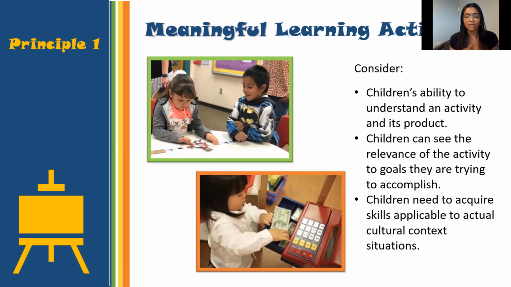For example, my son, he likes to draw. So I thought, oh, he's going to be engaged in learning the theory of colors. So I started showing him all these historical facts about the theory of colors, and he wasn't interested at all. But he has a passion for cars.